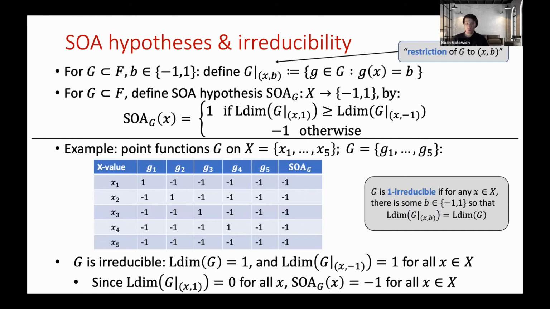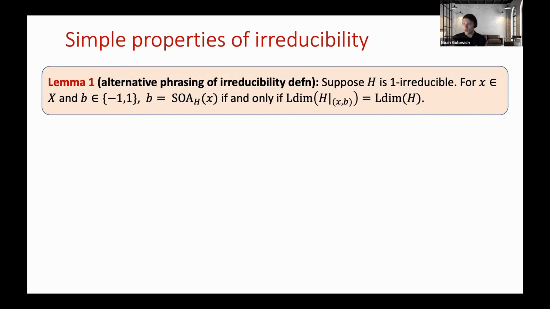Okay, so now that I've defined SOA hypotheses, I can talk about the stability result I mentioned a few moments ago. I'll begin by rephrasing the definition of irreducibility.